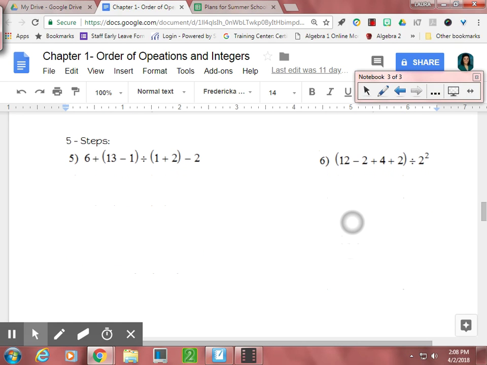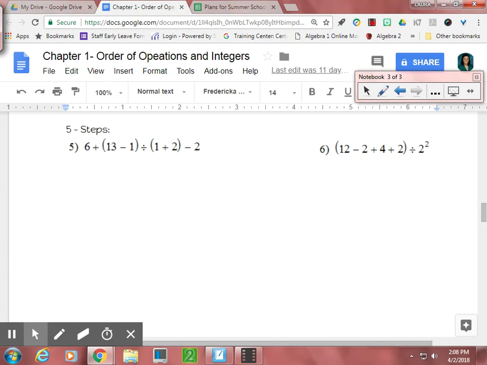Five-step equations. Five-step order of operations, I guess. First, we're going to start inside of our parentheses. So when we subtract these two, that's going to give us 12. We can also do this set of parentheses in the same step, and 1 plus 2 is going to give us 3. So let's rewrite that now. So I have 6 plus 12 divided by 3 minus 2. So you're tempted to just do 6 plus 12 and get 18, and then divide it by 3.